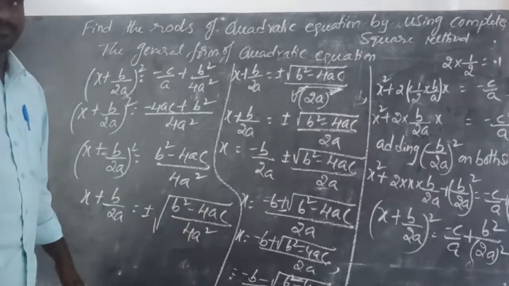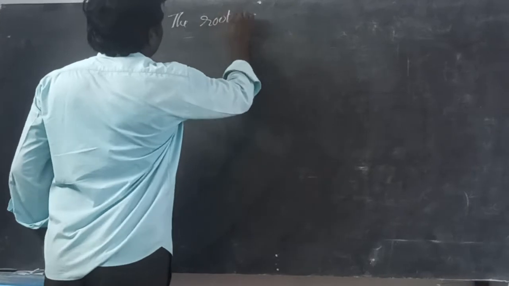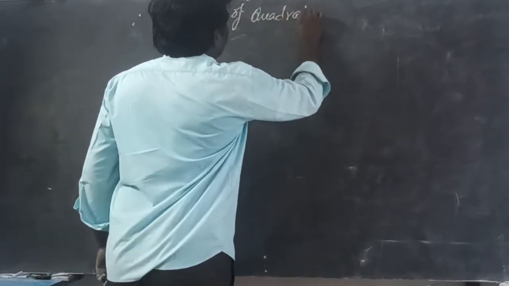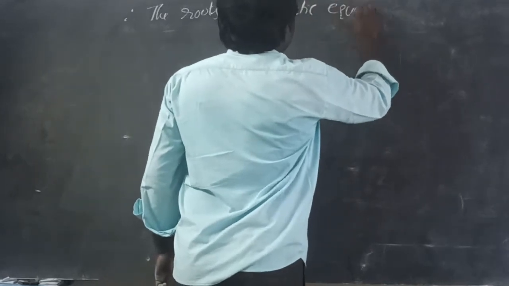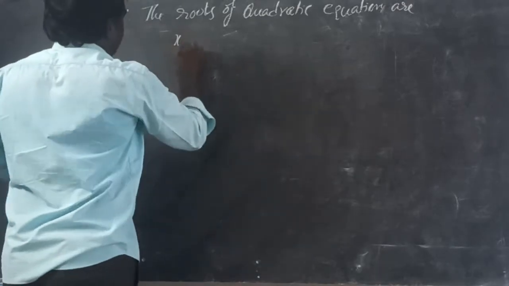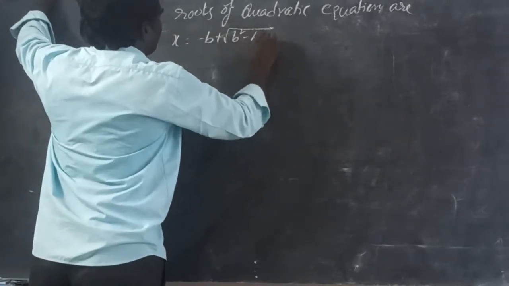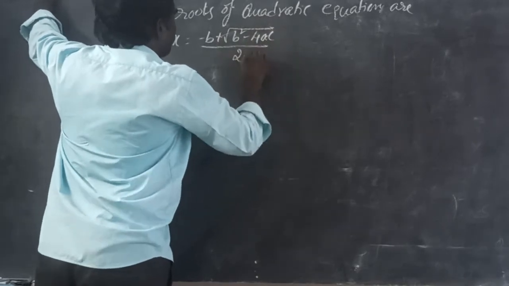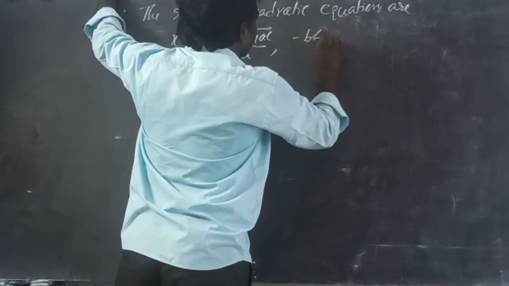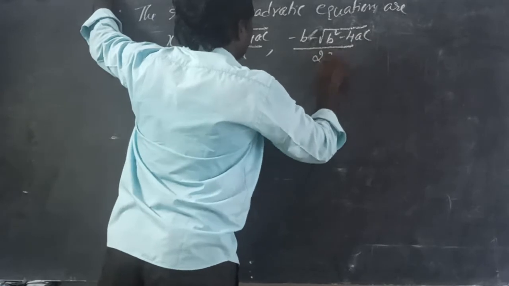Therefore, the roots of the quadratic equation are x is equal to minus b plus square root of b square minus 4ac by 2a, and next, minus b minus square root of b square minus 4ac by 2a.